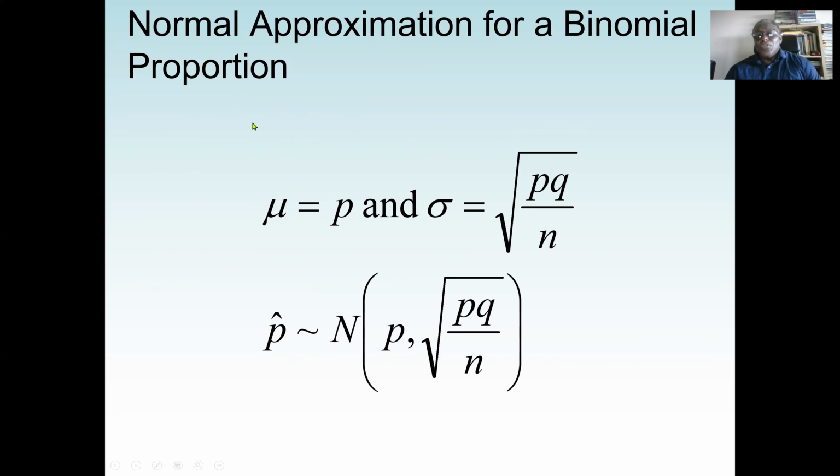For a proportion, the mean is always the same as p, the probability of success, and the standard deviation is the square root of p times q over n. When we take it to the normal approximation, we get a normal distribution where the mean is p and the standard deviation is the square root of pq divided by n.